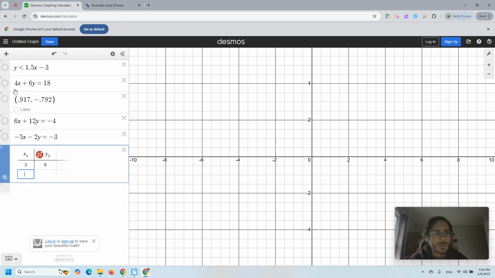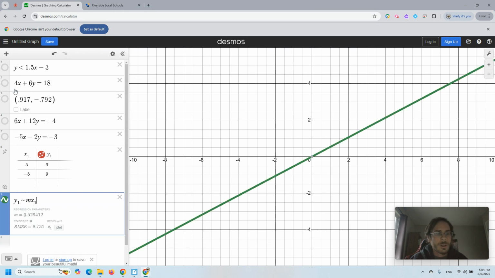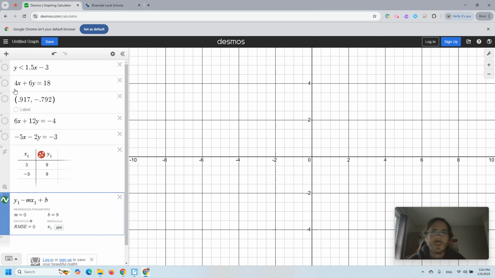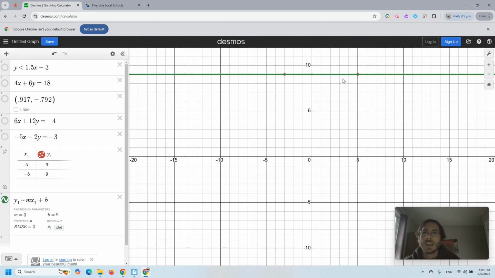So this is a good review if you wanted to do what we did last semester, because we're going to have to put in y1 tilde mx1 plus b. And if we zoom out, we do get that line, but it's a solid line. And there's not really a good way to turn it into a dashed line, just from right here. But at least we get the shape of it.